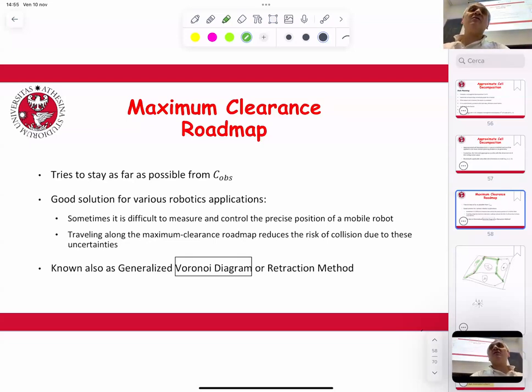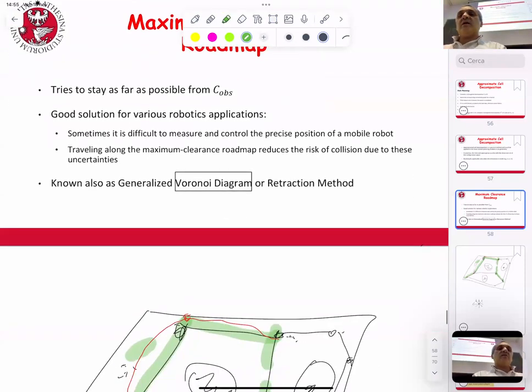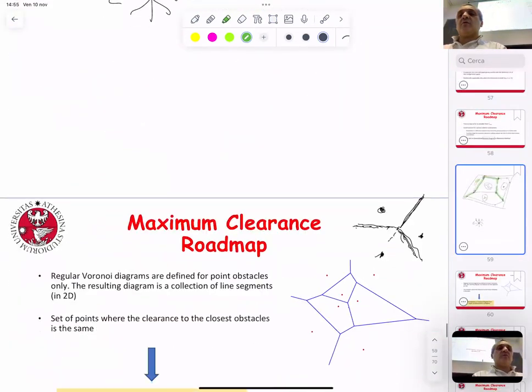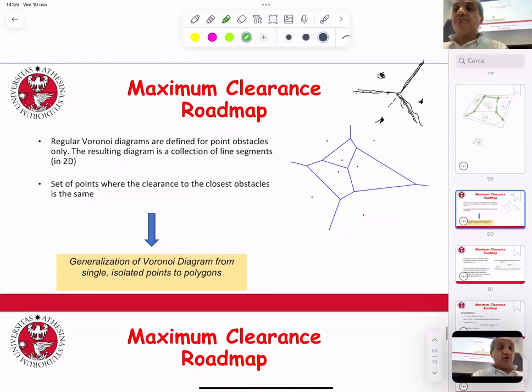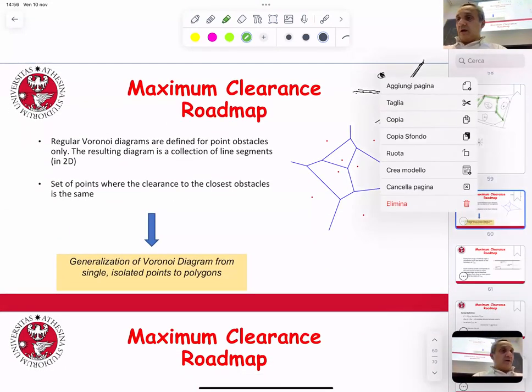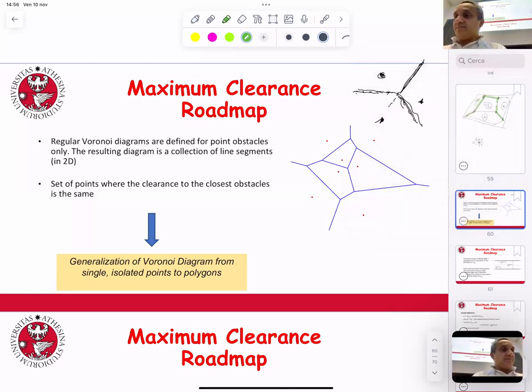Okay, so this is typically a very conservative solution that is recommendable for this. So the last thing we said is, I repeat, what is a Voronoi diagram.